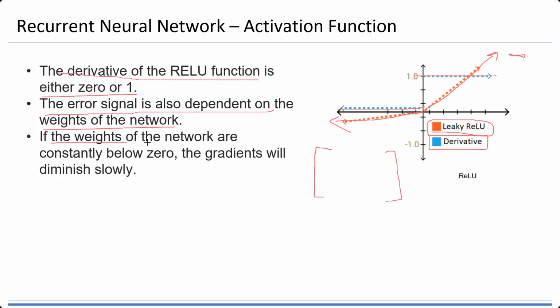If the weights of the networks are constantly below zero, then the gradients will diminish slowly. So for this activation function, usually they try to avoid the value nearby zero, because if the value is nearby zero, then you cannot get the optimum model.